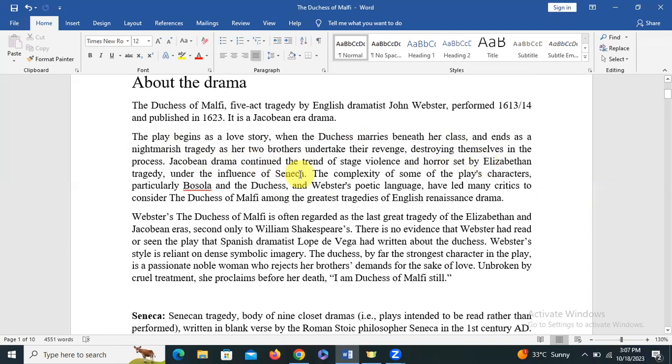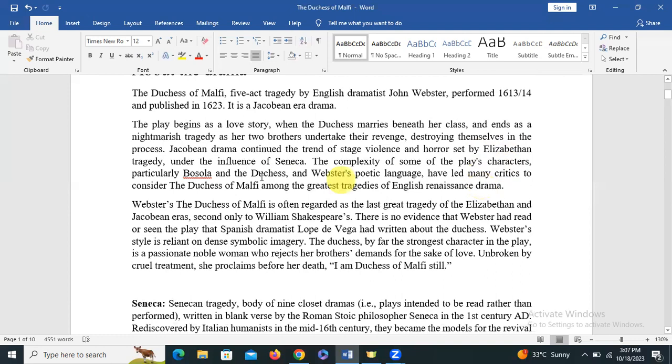Because the Jacobean era was preceded by the Elizabethan tragedy. So that's why we are discussing the Elizabethan tragedy. I'm going to tell you what the Elizabethan era is and what the Jacobean era is in today's lecture.